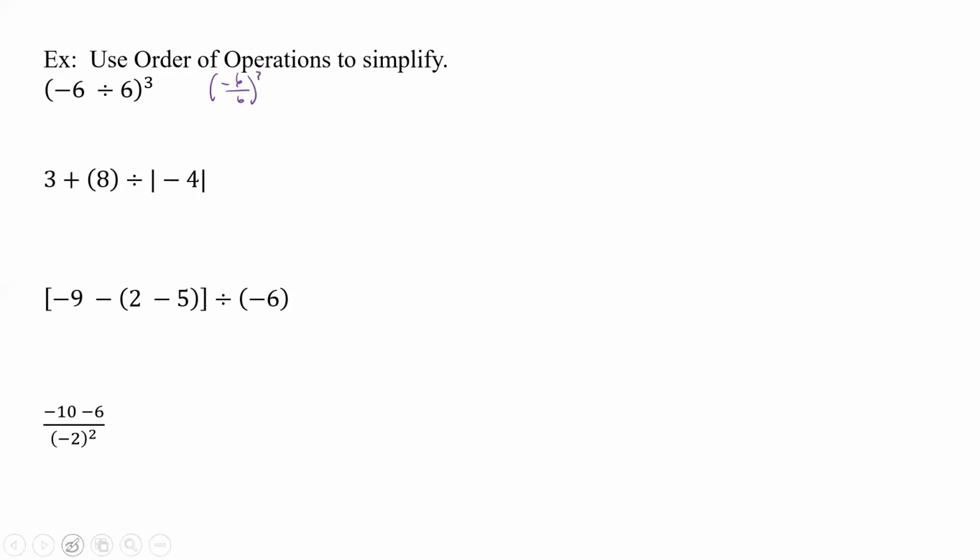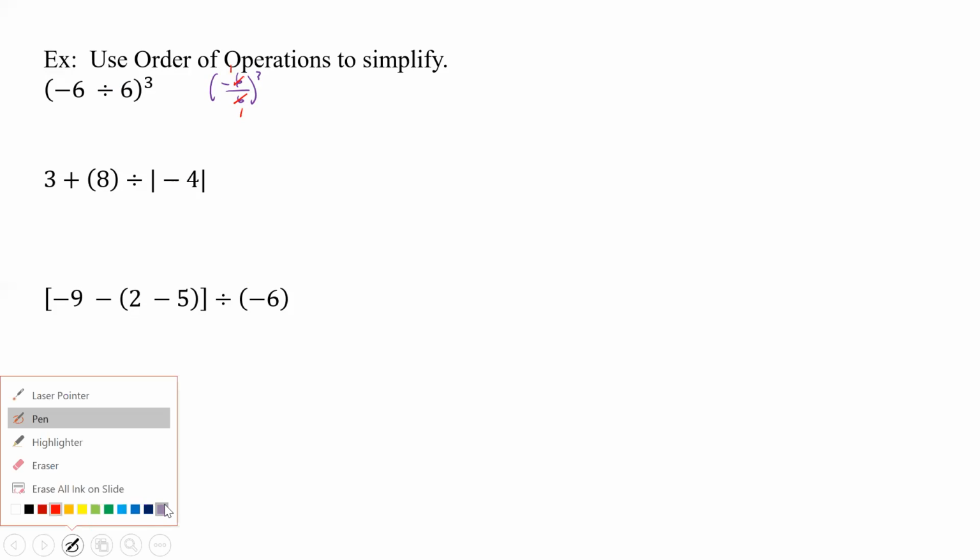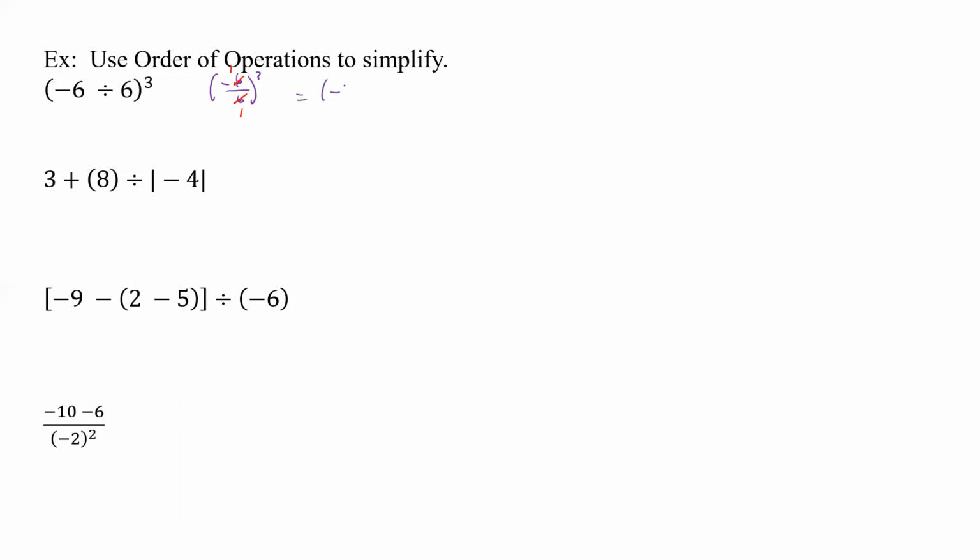Well, then 6 over 6, we can reduce that to a negative 1 over 1. And so that gives us a negative 1 cubed. And a negative 1 cubed, well, remember, an odd number of negatives is going to stay negative, so we just get a negative 1 as our final answer.